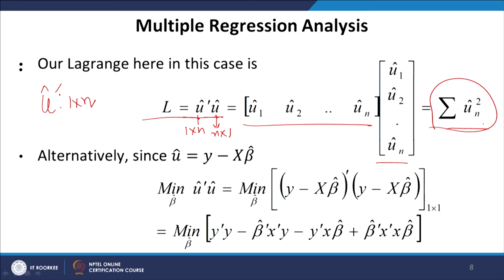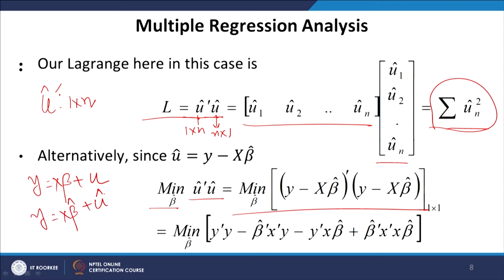Alternatively, since u hat is equal to y minus x beta hat, what we are minimizing is u hat prime u hat with respect to beta hat. You know that y equals x beta plus u; its sample counterpart would be y equals x beta hat plus u hat. So, y minus x beta hat is equal to u hat.